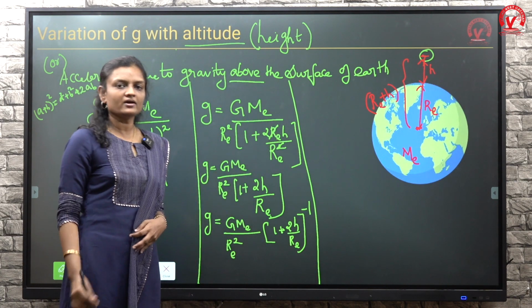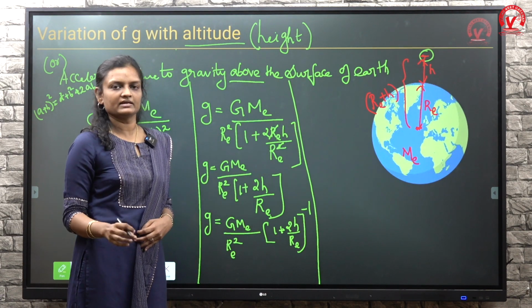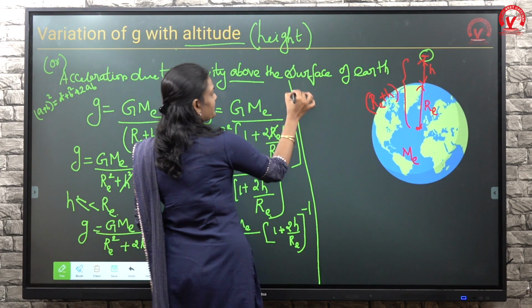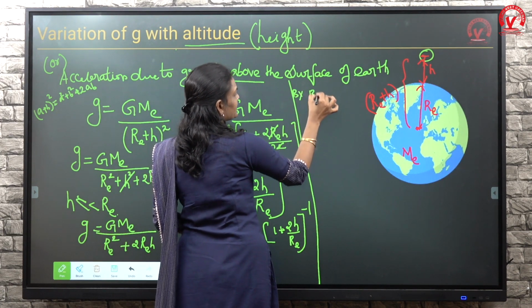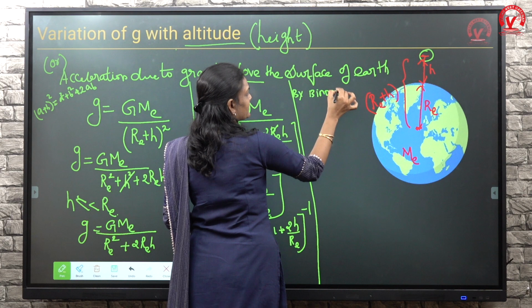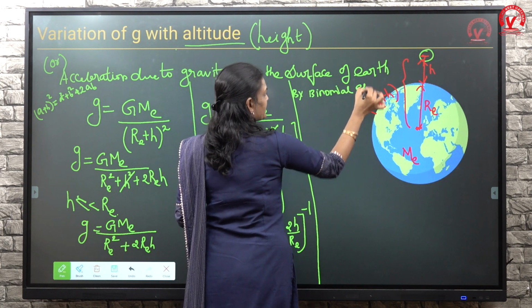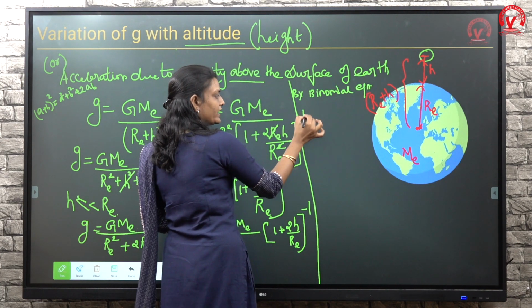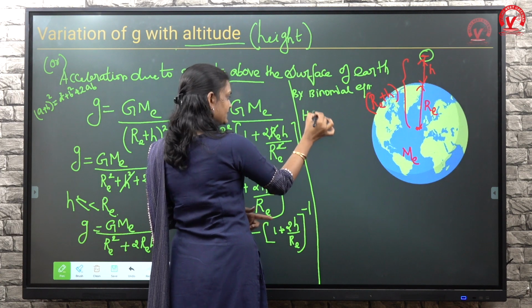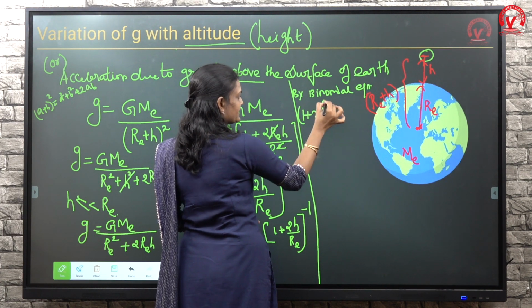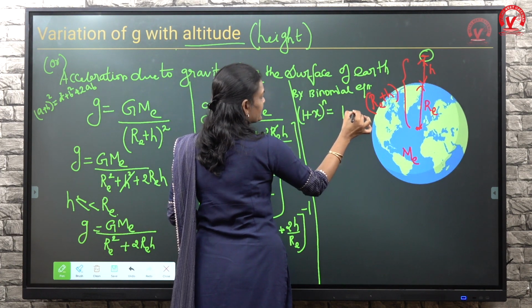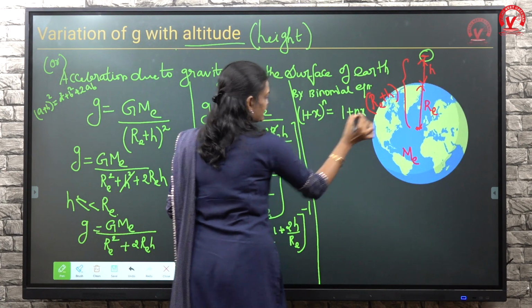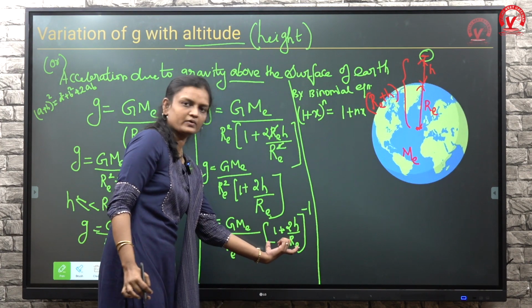Now by binomial equation, which you studied in the mathematical expressions, we know that (1 plus x) to the power n is equal to 1 plus nx. That is, I am going to expand this equation now.